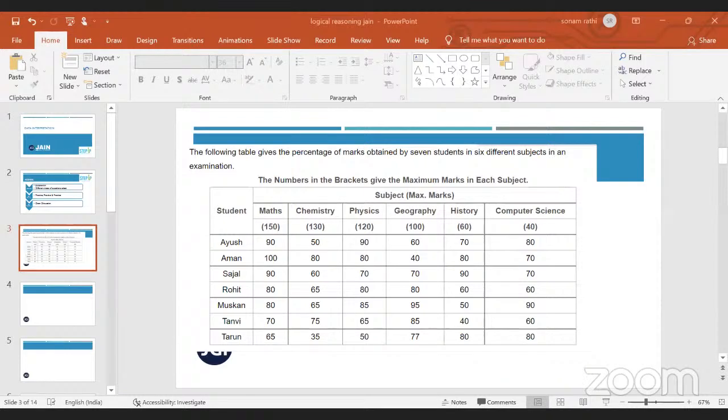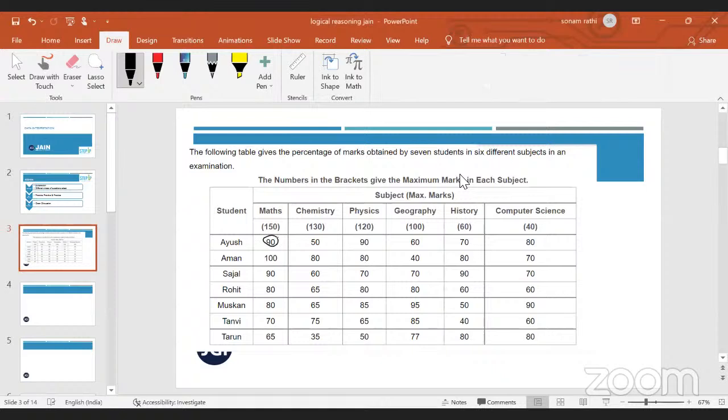Yes. Okay. Let's start solving questions. Everyone noted down? Okay. So first of all, let's understand what data is given. The following table gives the percentage of marks obtained by 7 students in 6 different subjects in an examination. So this is percentage of marks. Do you understand what percentage of marks means? So 90% out of 150, basically 90% of 150.